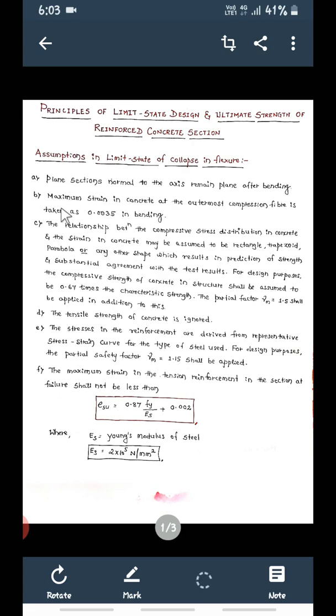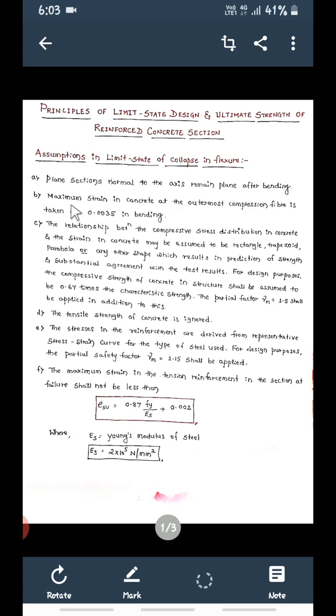method are. So the first assumption is: plane sections normal to the axis remain plane after bending. Now, suppose you take a beam as an example. Before loading it will be straight, so there will be no deflection, no bending. Once the load comes on the beam, it will deflect or bend slightly.